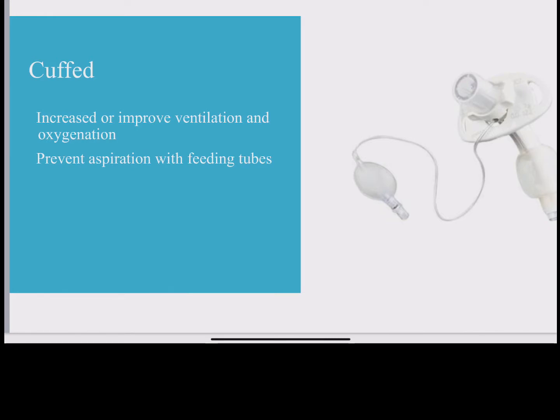It prevents aspiration with feeding tubes, and it can decrease the gag reflex and gastroesophageal reflux. The cuffed tube means increased or improved ventilation and oxygenation. It also is the most used type of tube.